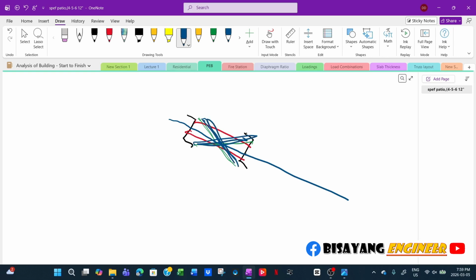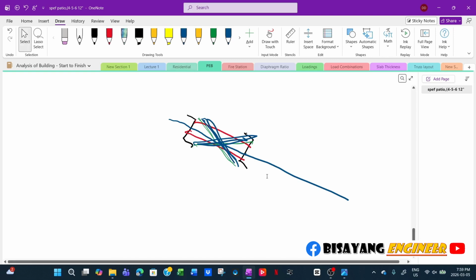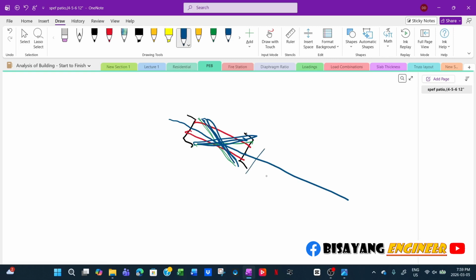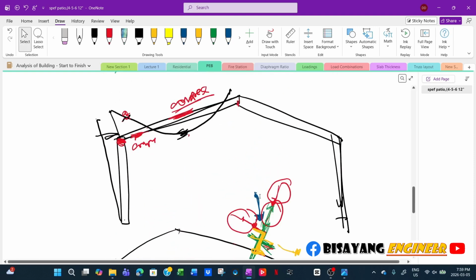That's one way to prevent bending in the minor axis. At the same time, it will prevent tipping over, the rotation of the purlins. So that's how it is framed, and that's in the roof.